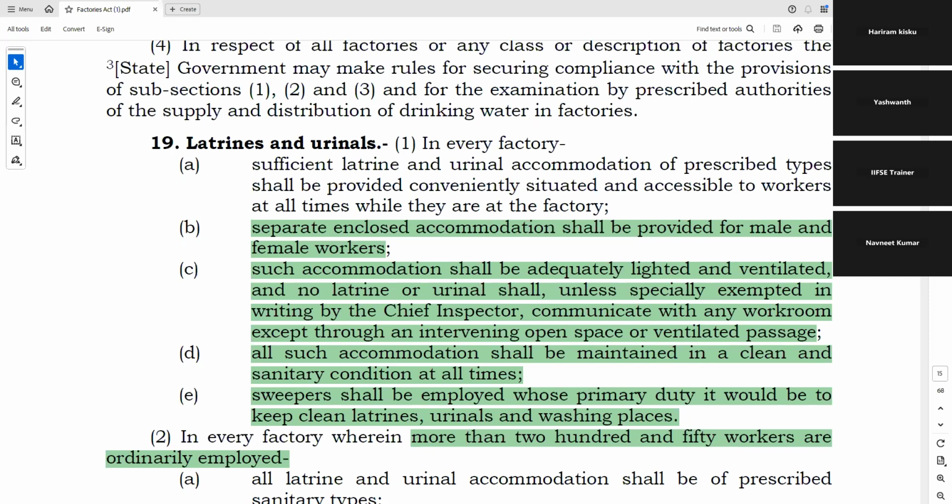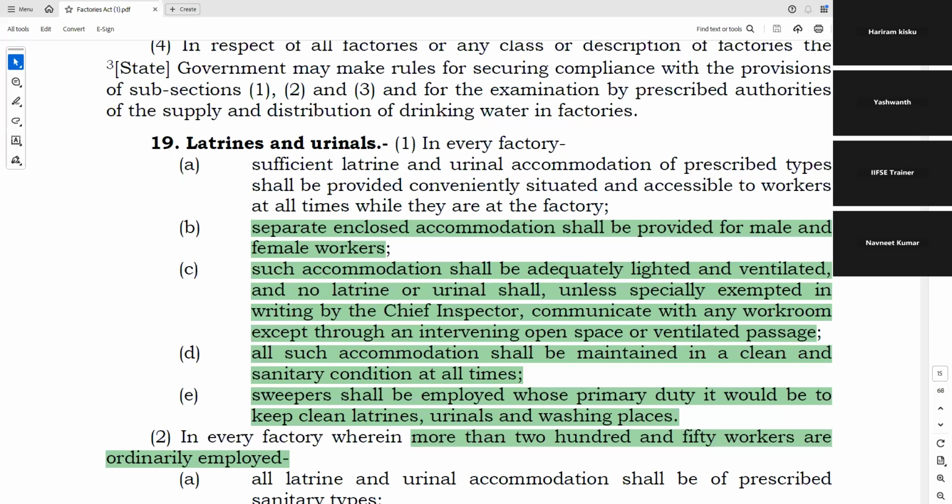You can write about the roles and responsibilities of the occupier, the inspection staff, and the certifying surgeon and their roles. You can talk about these health provisions, like dust and fumes, disposal of waste and effluent, lighting, drinking water, etc. You can write the requirements so that you can get the score.